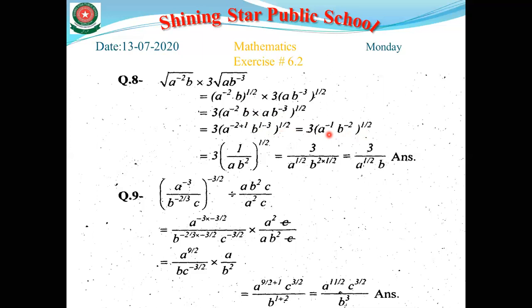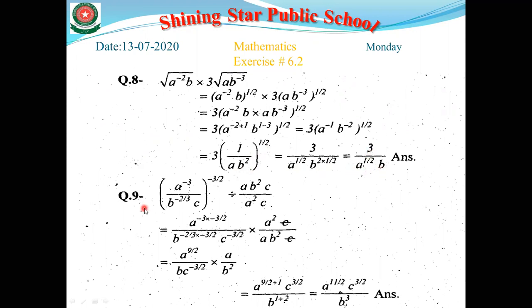So it will be 3 multiply 1 divided by a b square, power 1 over 2. When we take the power 1 over 2, it becomes a power 1 over 2. 2 cancel, b power 1. So 3 divided by a to the 1 over 2 and b.